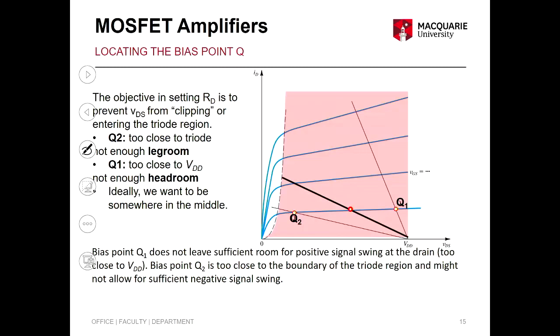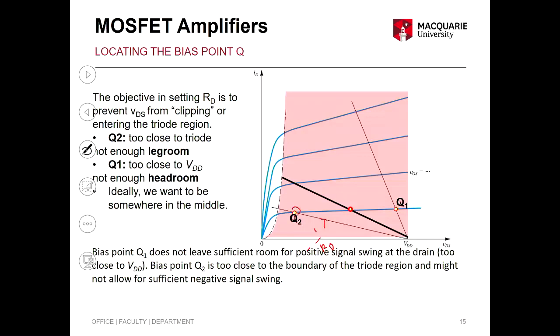So you can set your RD, that's given by 1 over RD. Depending on your RD, for example, if you do Q2, you're close to the triode region, you don't have enough leg room.